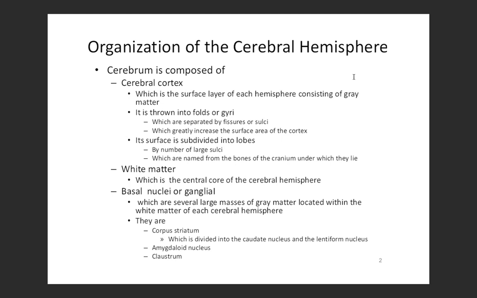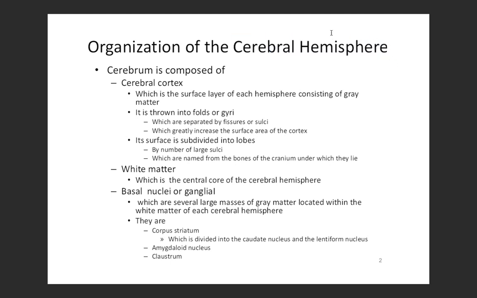Be aware of these directions in the forebrain compared to the spinal cord or the brain stem: rostral, caudal, ventral, and dorsal. When I say dorsal in the forebrain, it means superior, and ventral means inferior. However, when I say dorsal and ventral in the spinal cord, they respectively mean posterior and anterior. So just be aware of these terminologies or directions.